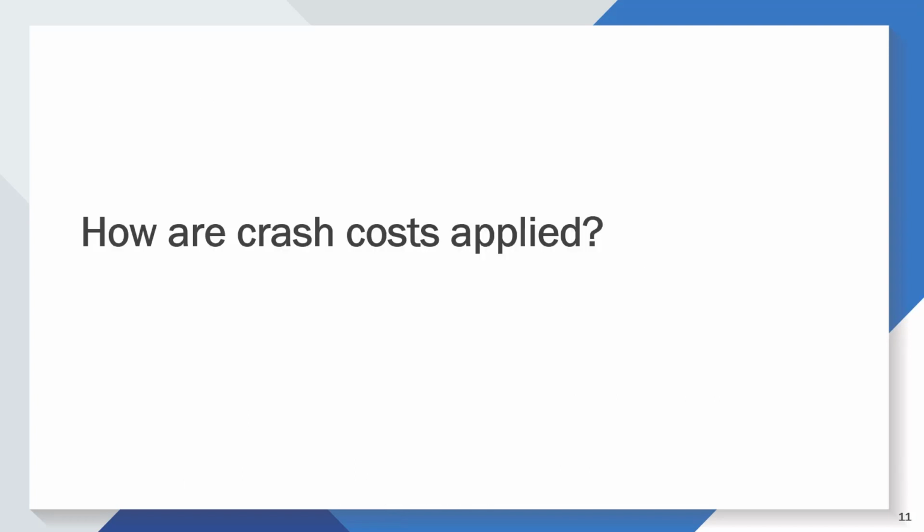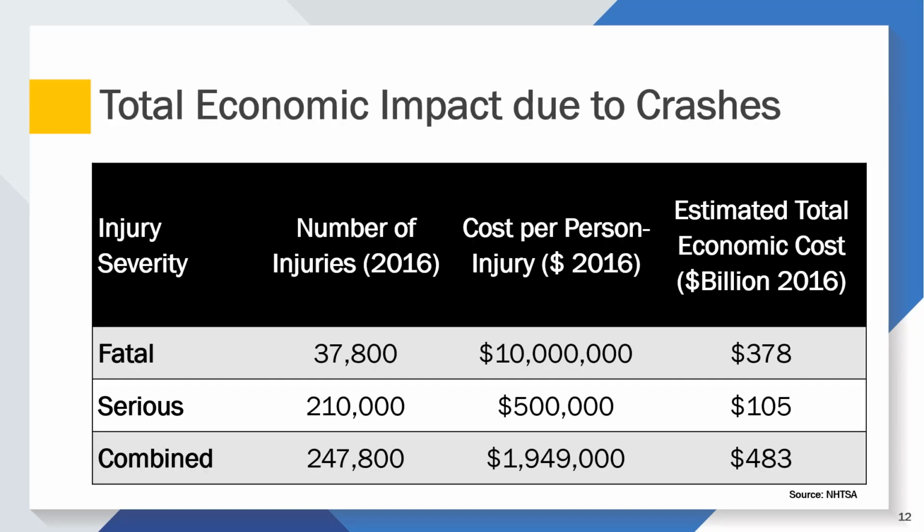This section describes 2 different ways to use crash costs. You can estimate the total economic burden of crashes over time by multiplying the number of crashes or person injuries that occurred by their average unit costs. According to the National Highway Traffic Safety Administration, or NHTSA, about 37,800 people were killed and 210,000 seriously injured on our nation's roads in 2016.